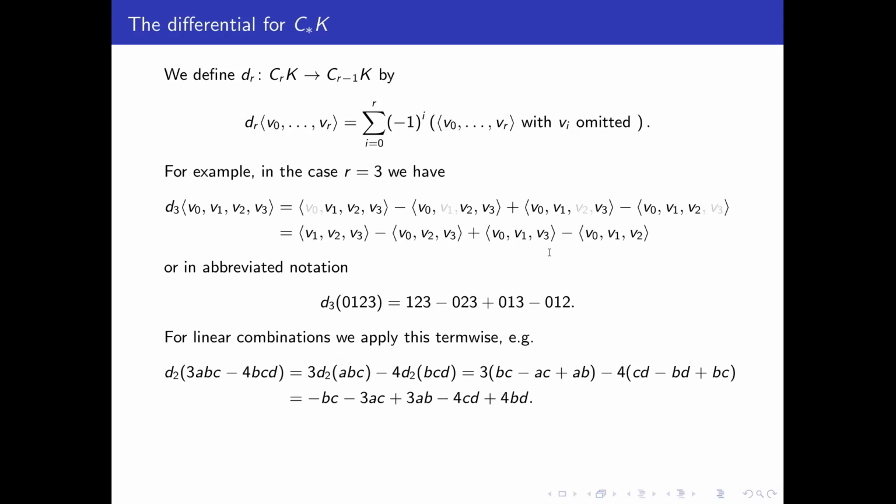Okay, so that tells us what to do with the basis elements for C3 K. But if we've got a linear combination, then we just apply d to each term. So for example, we could have a chain written in this abbreviated form as 3abc minus 4bcd, and we want to apply d2 to that. Well, you just get 3 times d2 applied to abc minus 4 times d2 applied to bcd, and we just work that out. So here for the abc, we've got this term with the a missing, then with the b missing, then with the c missing.